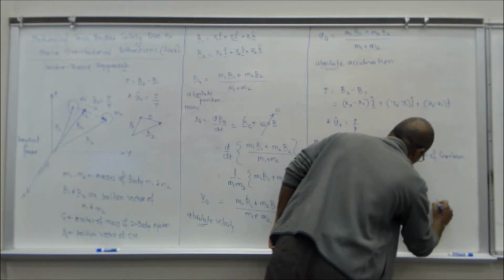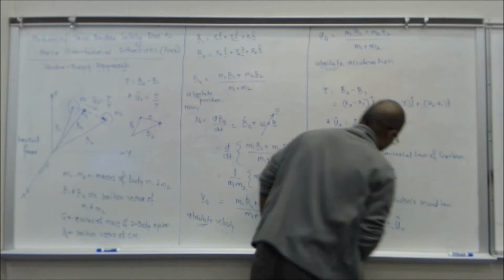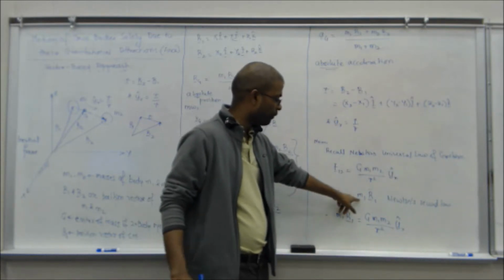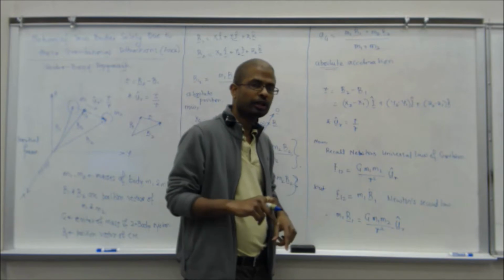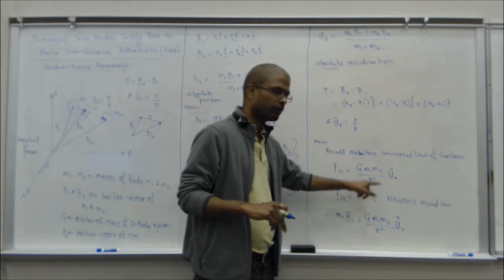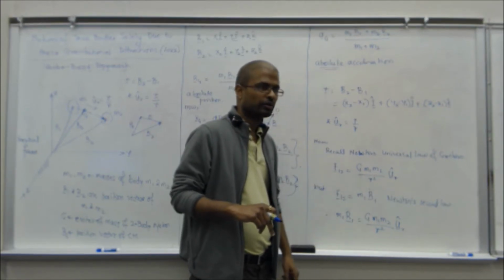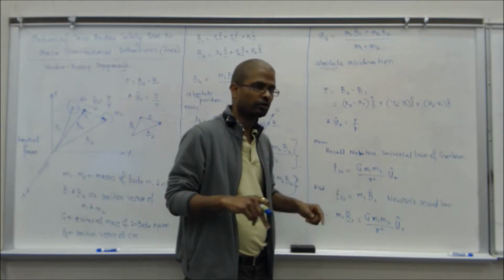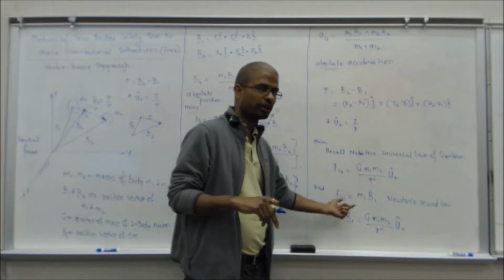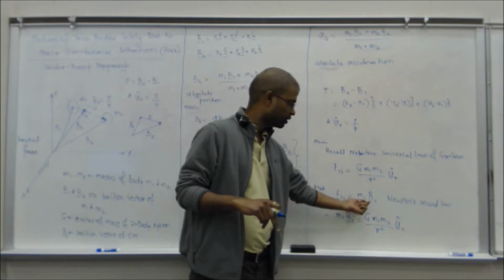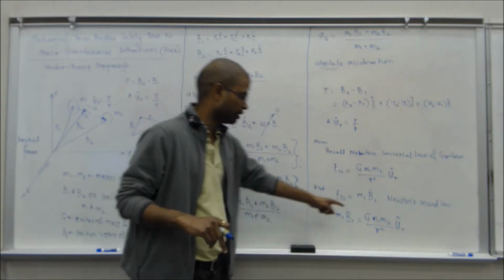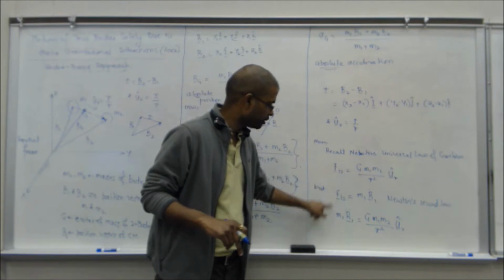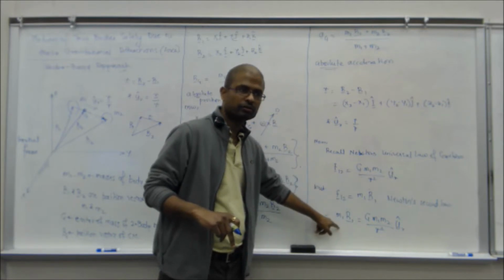This is Newton's second law, okay? So you would have had M1 d over dt of R1 dot, right? But M1 does not change, or d over dt of M1 R1 dot, MV, correct? It just turns out that mass does not change, so that is what you have. Now if you combine these two, this is what you're going to get.